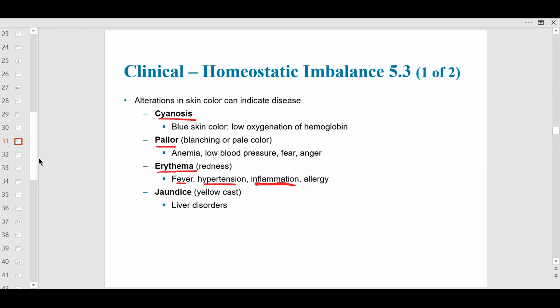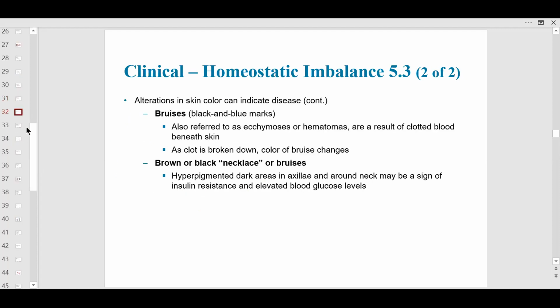So when you have tissue damage, you get erythema, which is inflammation, vasodilation, more blood to the area. Jaundice, because of a problem with the liver, hepatitis, cirrhosis, other liver destructions, liver cancer, can cause your skin to turn yellow. So we always examine somebody, look at their skin first to see what they look like, if it gives you any clues, right?